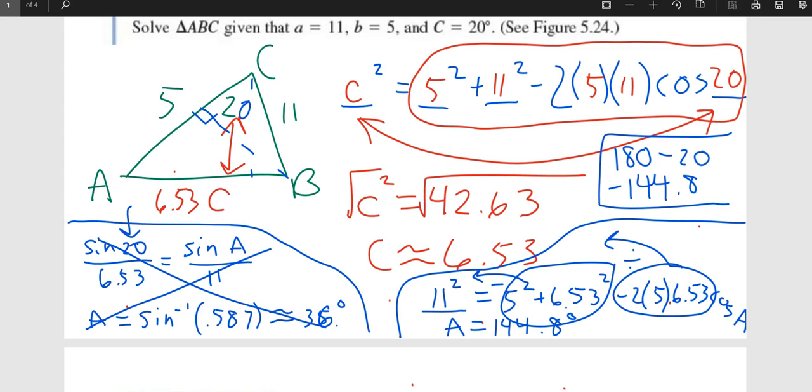So angle C or angle B was 15.2 degrees, which takes care of that problem that some of you were having when you were checking your work and coming up with different answers than the book was giving you. So sorry for the confusion on that. I'll try to make corrections on the next example too.